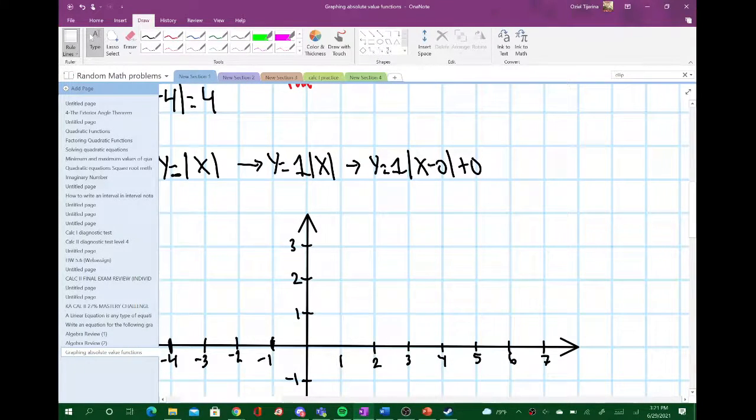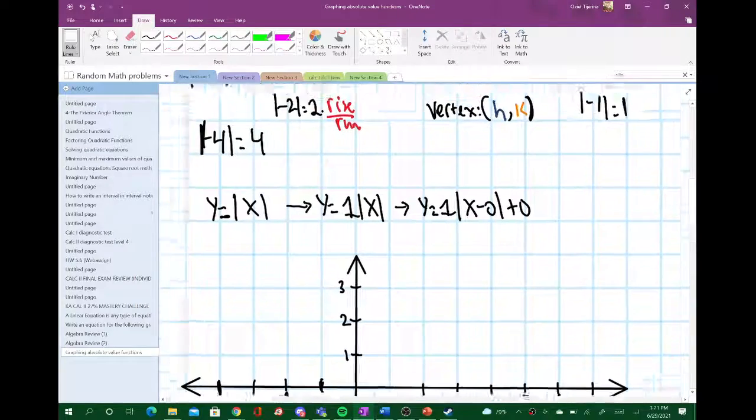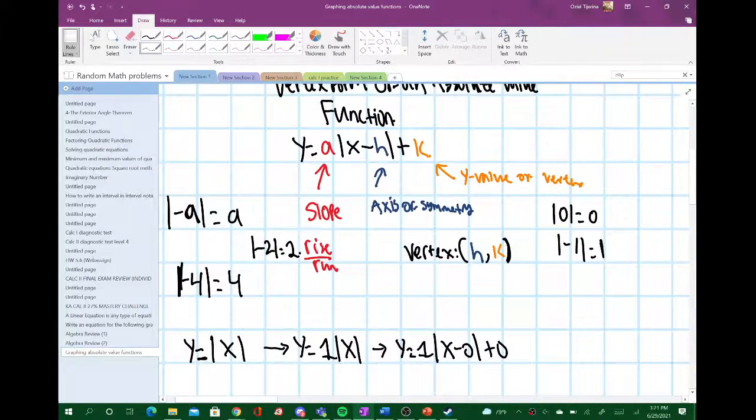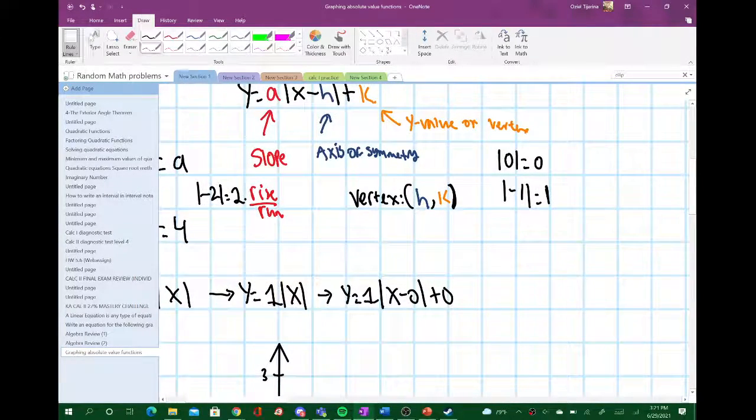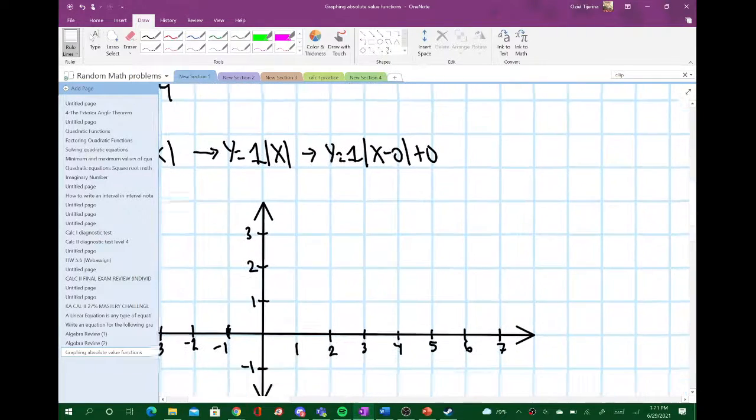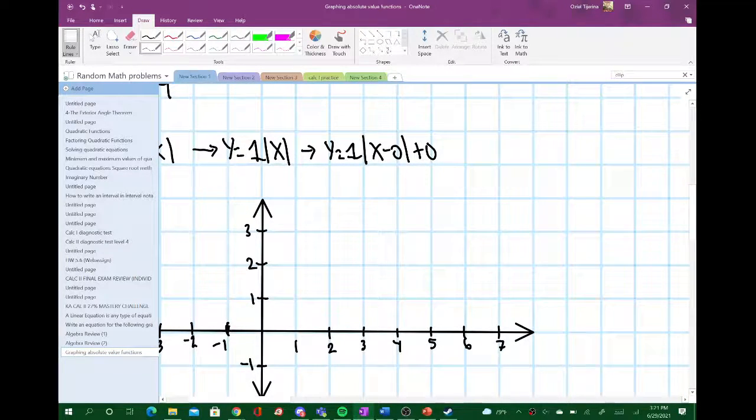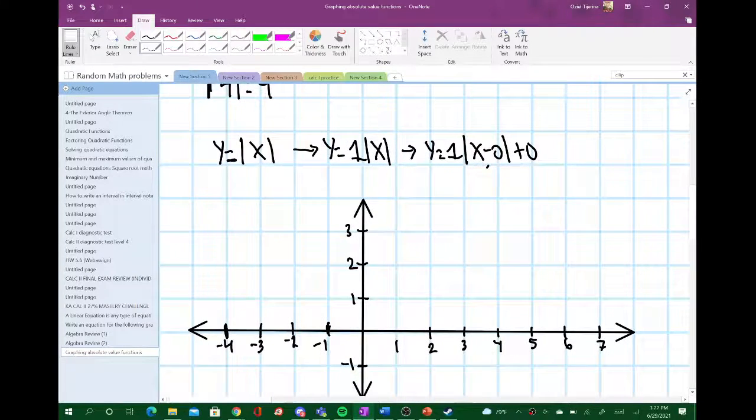You can also say plus 0, but because you want it in this form, you would write it this way. That is how you always write whenever you have an absolute value of x. You always write it in this form here. So whenever you just have an absolute value in the middle and you don't have any other terms, here you would say 1 times the absolute value of x minus 0 plus 0.